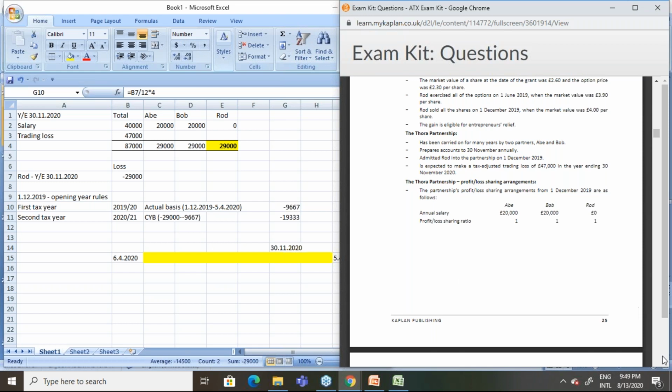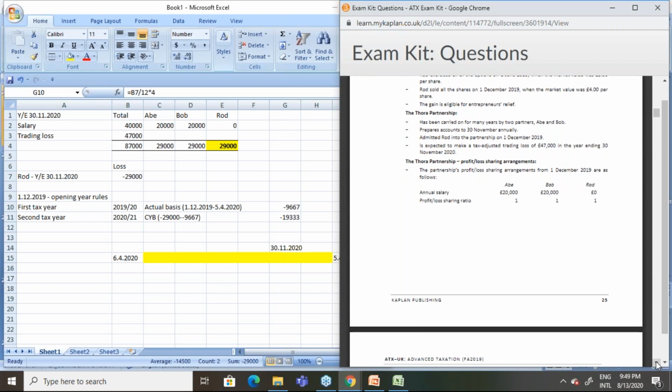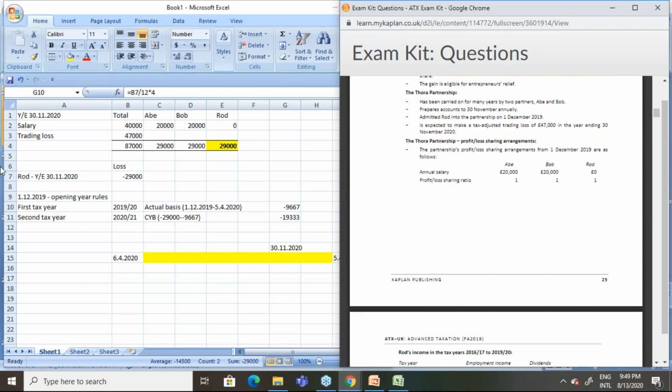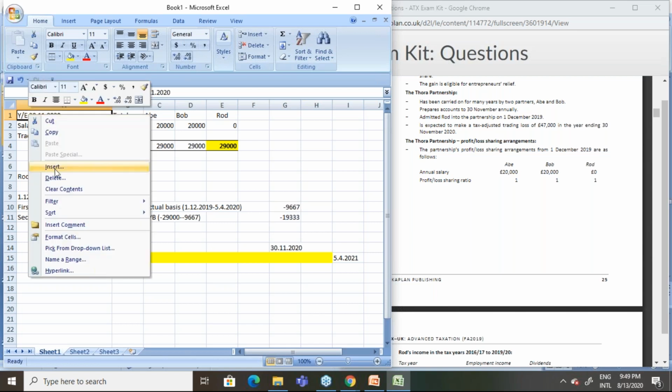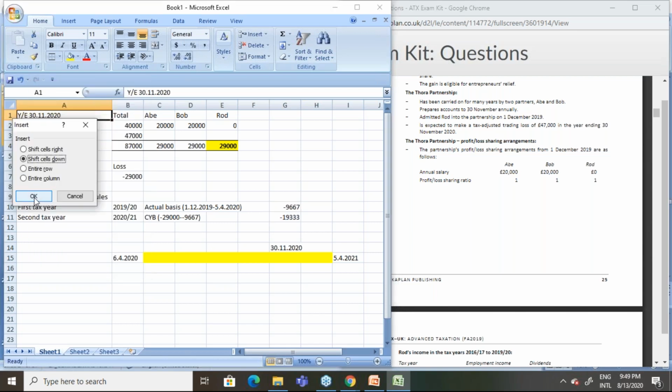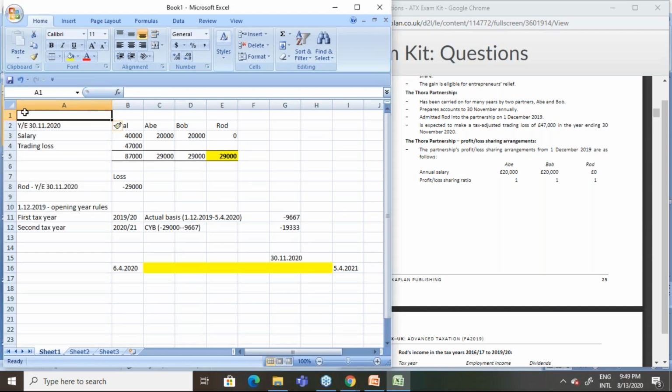Then the question says, actually this is part B, Roman 1. This is the answer for B, Roman 1.